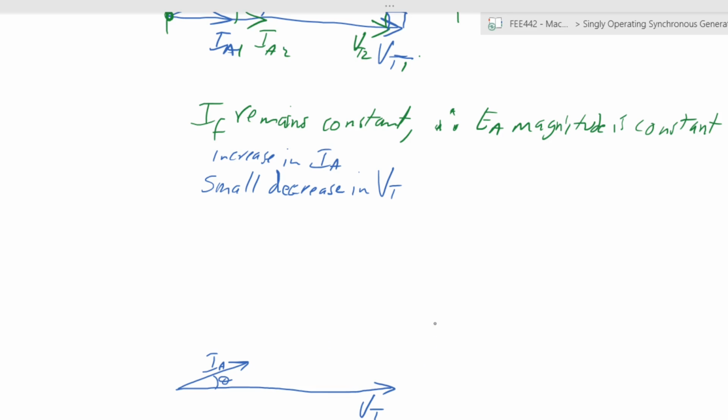So IA at a leading power factor would tend to have a value of JXSIA1. Okay, IA1. And in this particular case, your EA would be somewhere here.